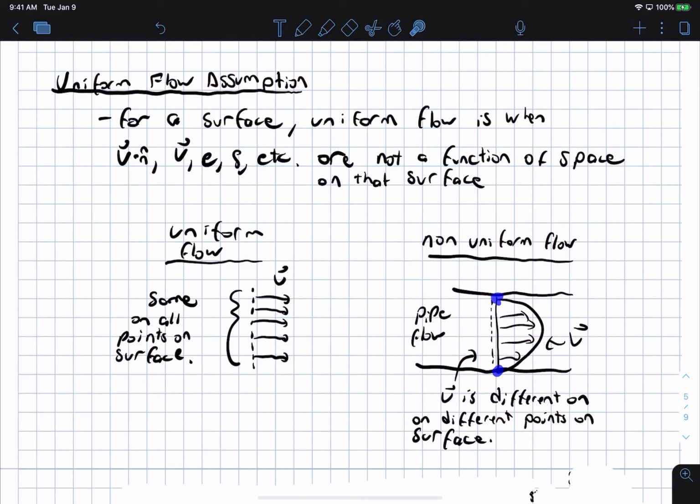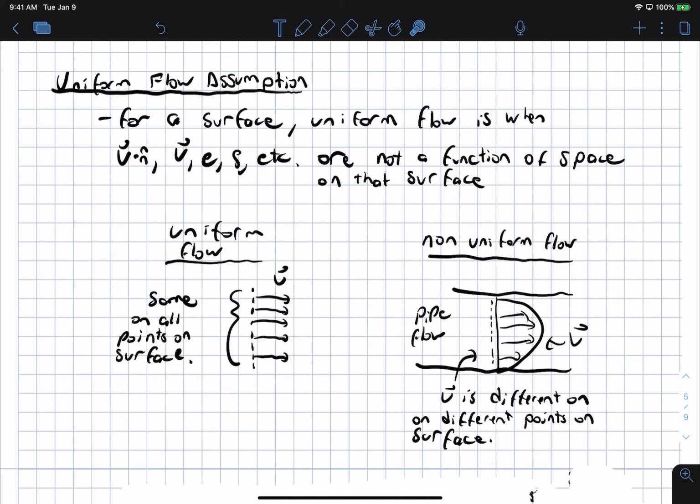So the fluid sticks to the wall. That means the flow velocity at the wall is 0 on both sides, but there's still a net flow. So there has to be some velocity profile in that pipe. The fluid is moving faster here than it is moving over here, and so that is a non-uniform flow configuration.